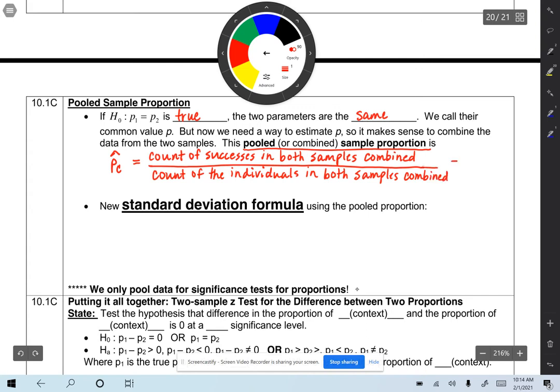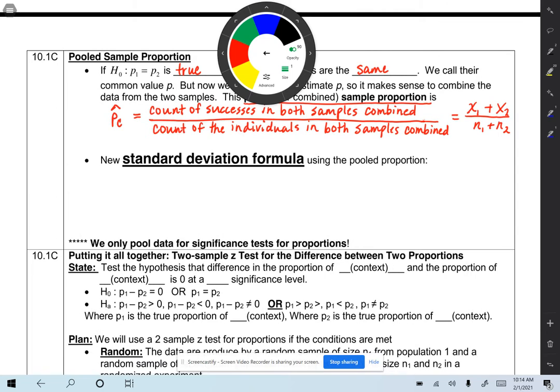So this ends up being x1 plus x2 divided by n1 plus n2, where n1 and n2 are your sample sizes. Now you have a new standard deviation using the pooled proportion, and this is on your formula sheet, and this is what it looks like.